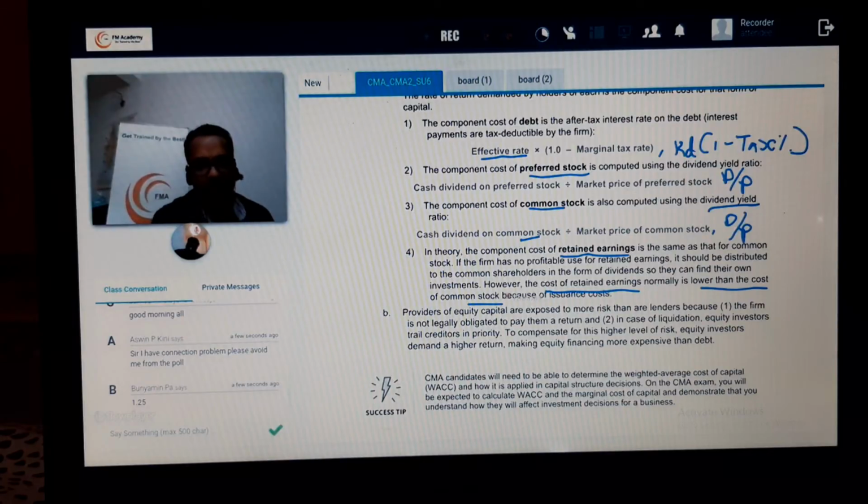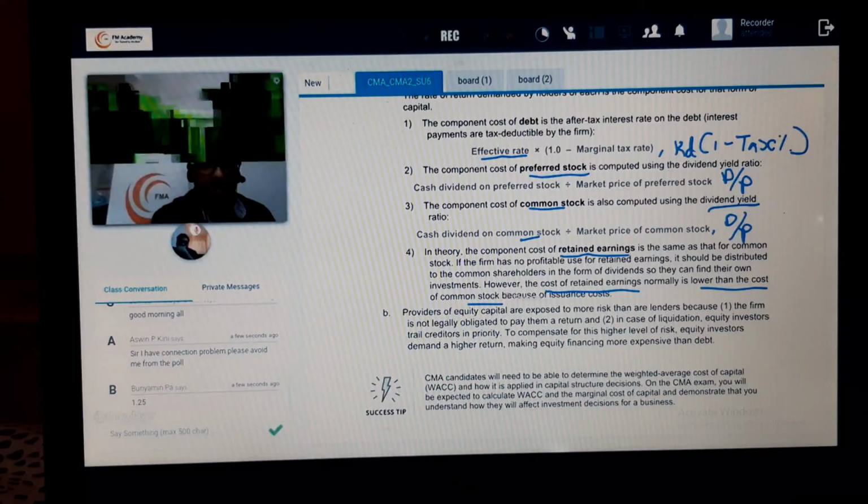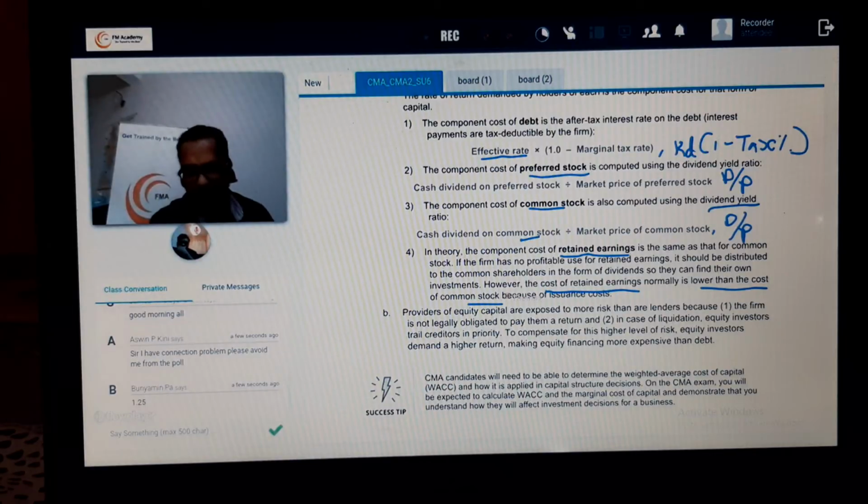That way, the cost of capital for retained earnings is cheaper than a typical share. So in theory it is considered equal, but for practical purpose, the cost of retained earnings is normally lower.